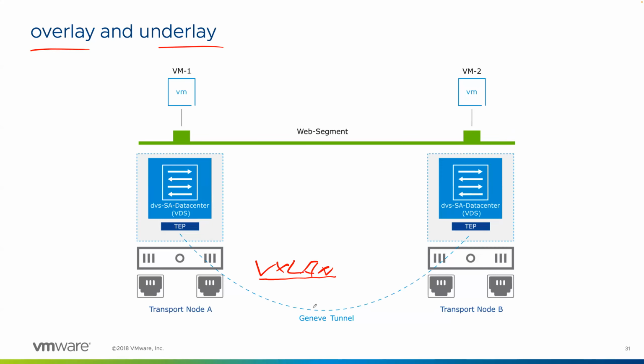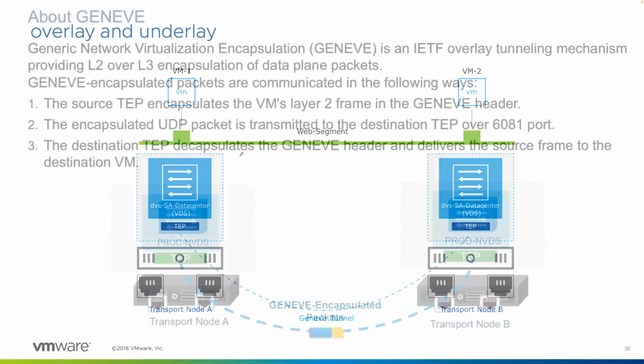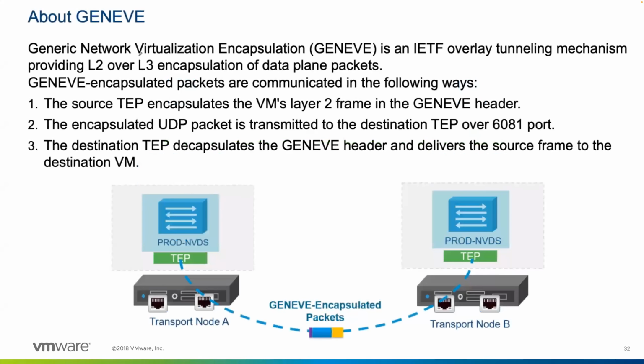For NSX 4.0, we have the Geneve tunnel, which is a variant of VXLAN. So let's take a close look at the Geneve tunnel.